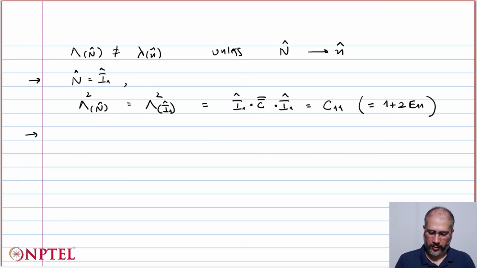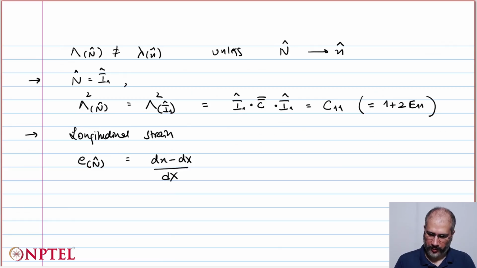Now let's talk about longitudinal strain. That's given as small e n hat, and that's defined as d small x minus d capital X upon d capital X, and from the definition of lambda, this is simply lambda n hat minus 1, which can be written as square root of n dot C dot n minus 1.